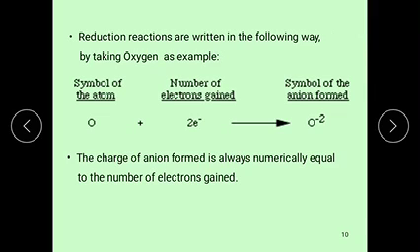So for example, if we take the chlorine atom, Cl, when it takes one electron, it converts to Cl minus.